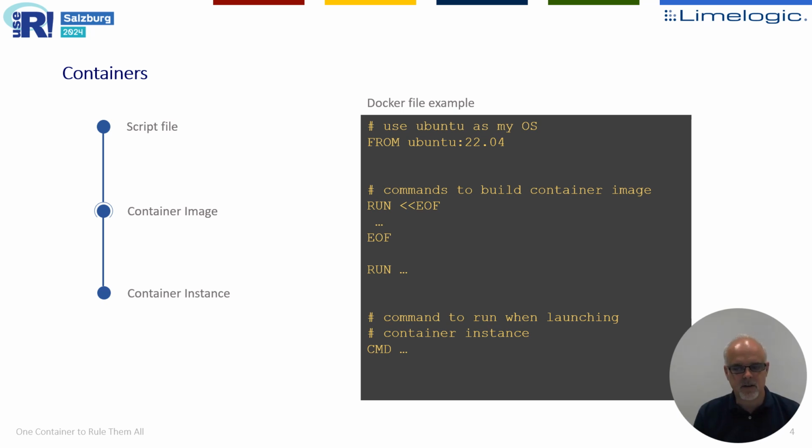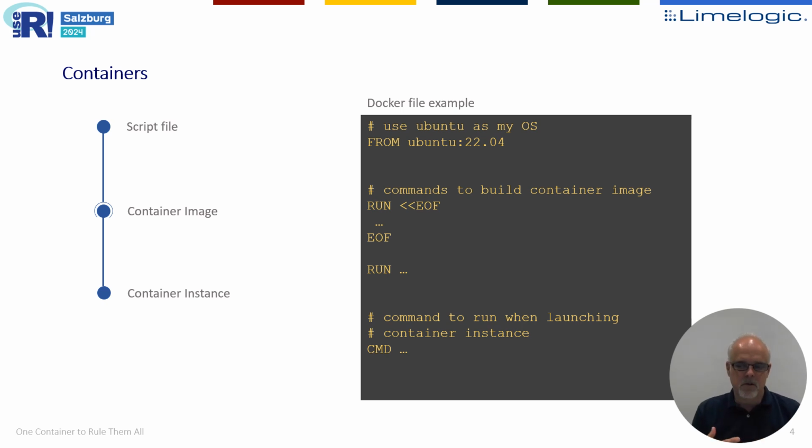But it has one specific attribute. If you put that image into a host and you launch it or turn it on, you get a container instance that you can interact with. So whenever users are interacting with a container, they're actually interacting with a container instance running in one of these hosts.